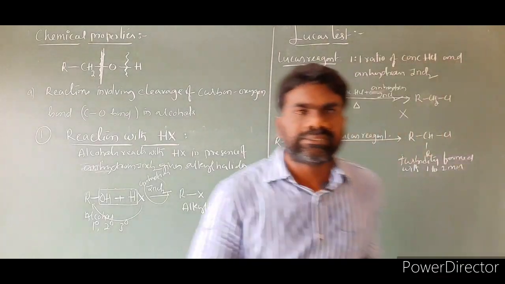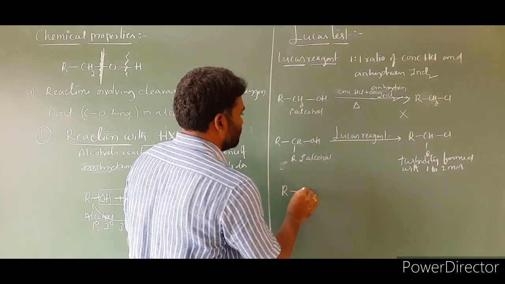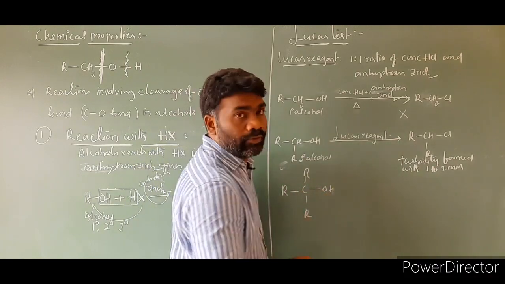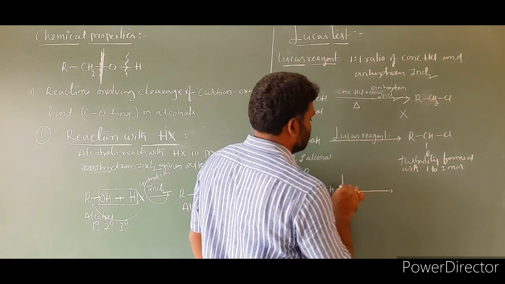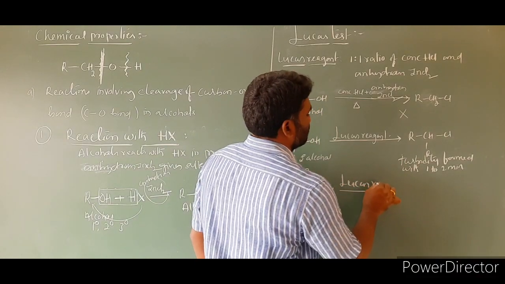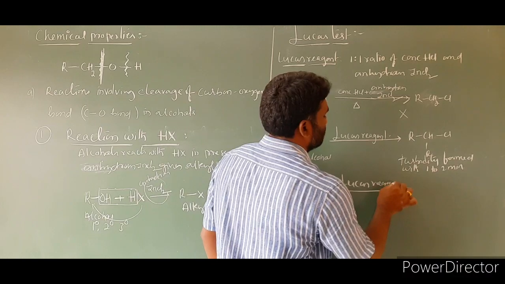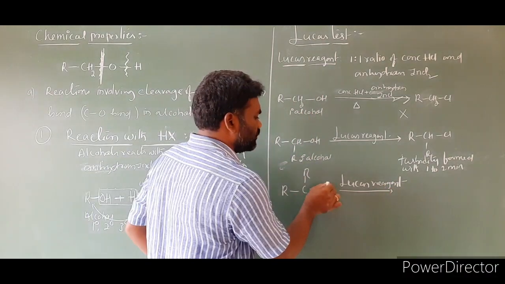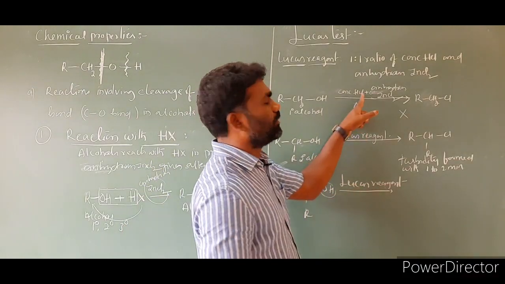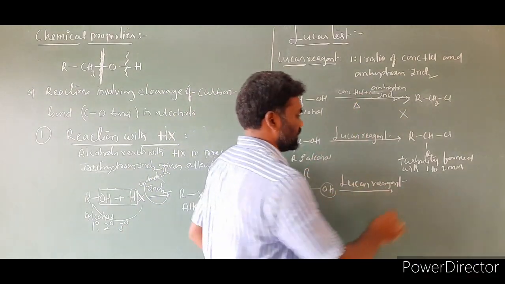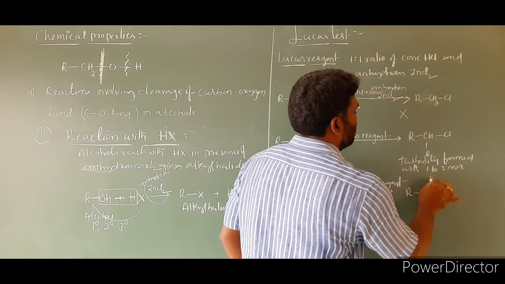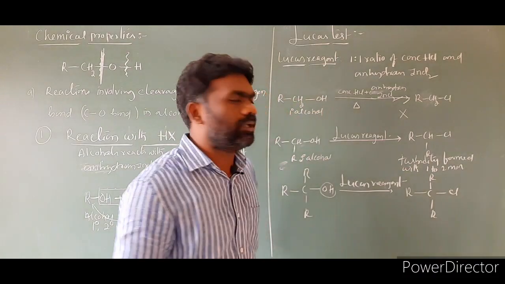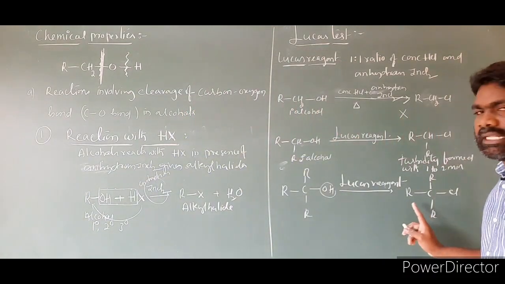And I am taking tertiary alcohols, with Lucas reagent. Then what is the product? Remove the OH group and attach chlorine in the place of OH. Then the product is R3CCl. This is a tertiary alcohol.